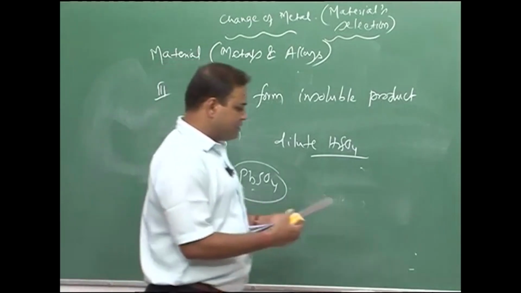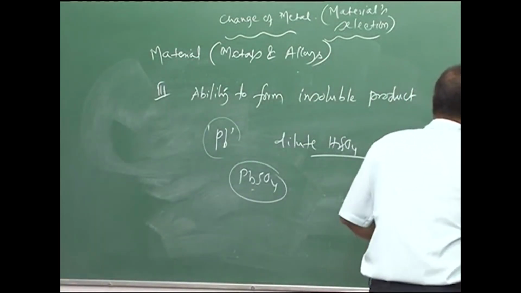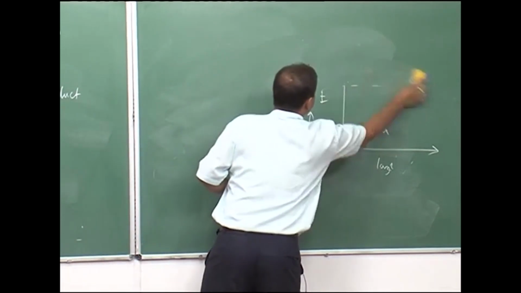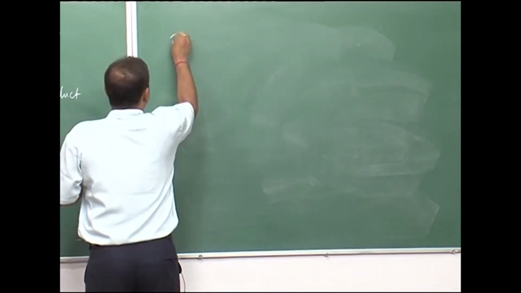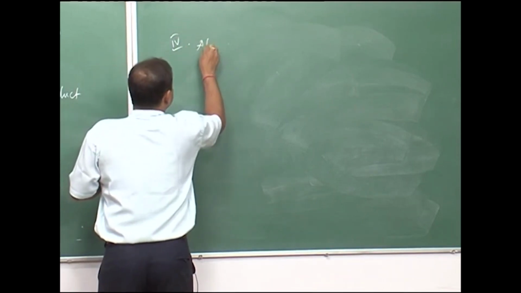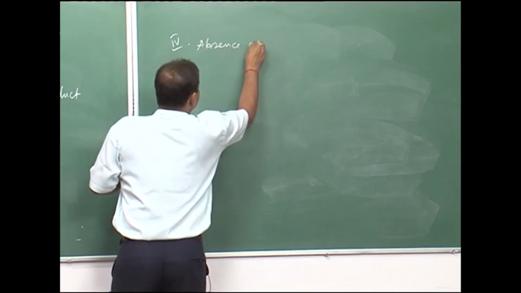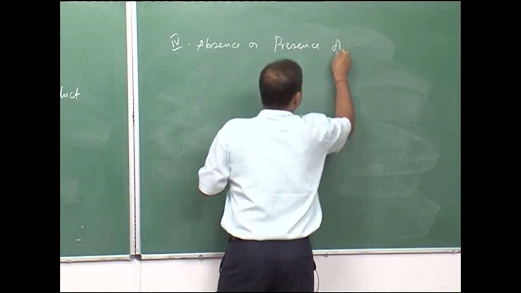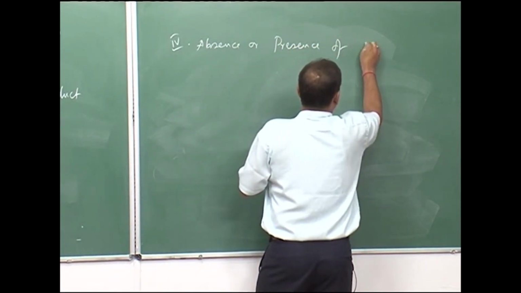Then we can think of the absence or presence of cathodic sites in a particular metal. So, fourth, the absence or presence of an effective cathode.